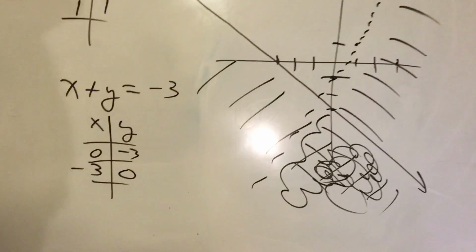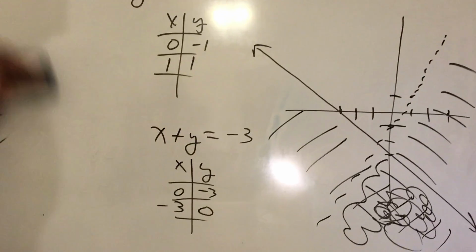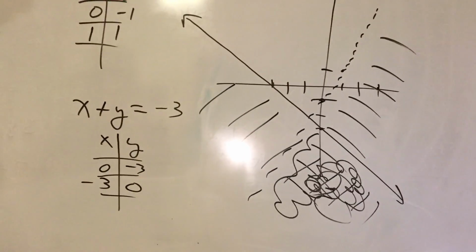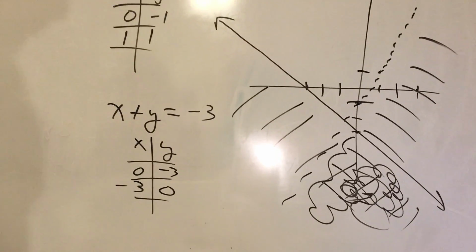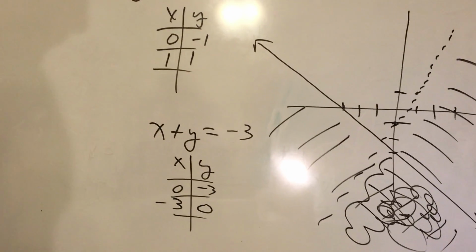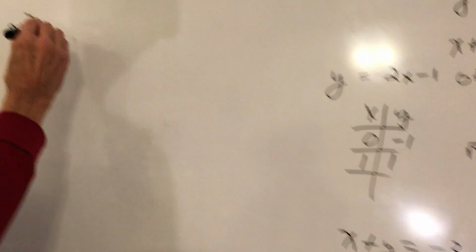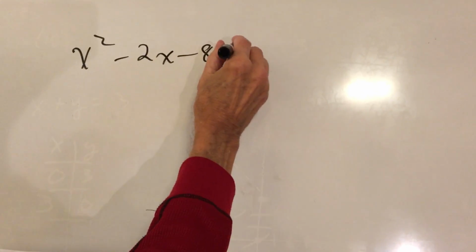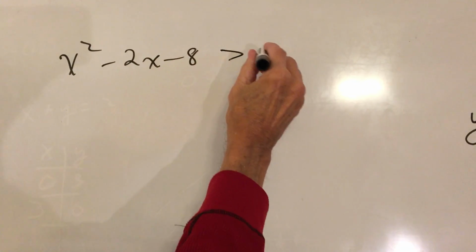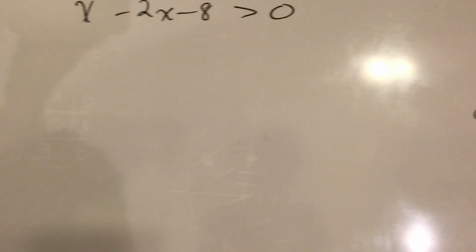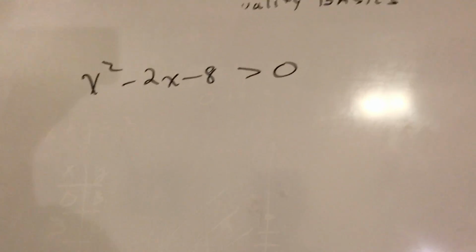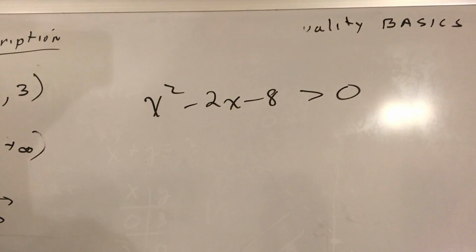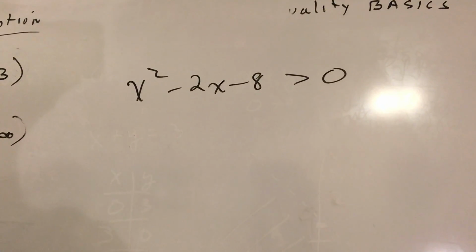I have one more type of problem. If we have a quadratic, x squared minus 2x minus 8 is greater than 0.